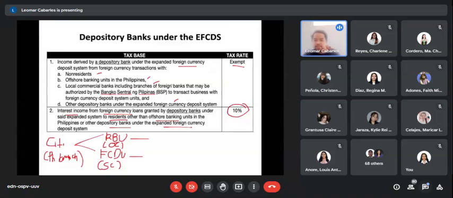Itong nasa table class, this is for FCDU. Sa Citibank, pinautang niya si Jollibee, JFC. Let's say 10 million pesos.